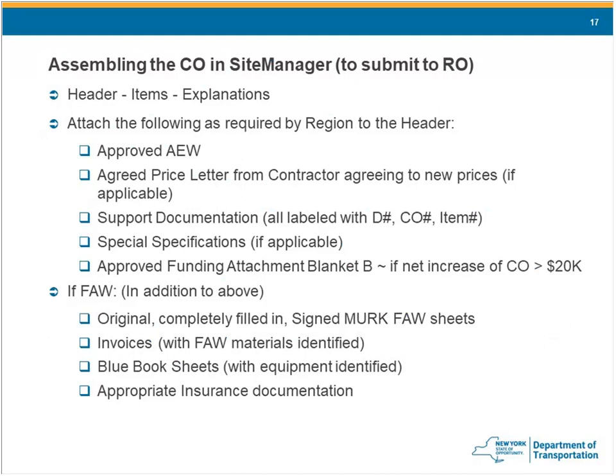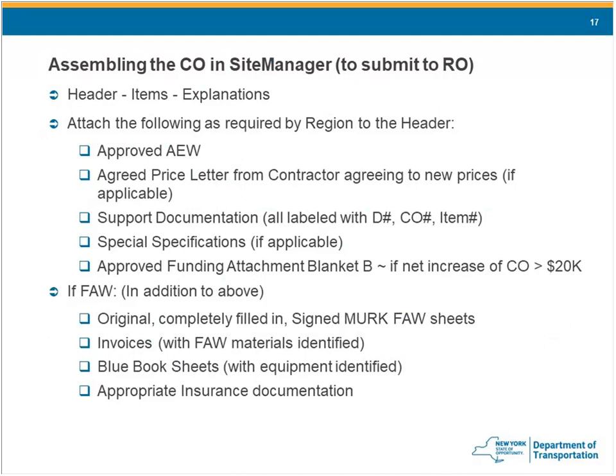Header items, explanations. All right. Attach the following as required by the region to the header. You always need the approved ConR 104. Correspondence with the contractors for agreed price work.